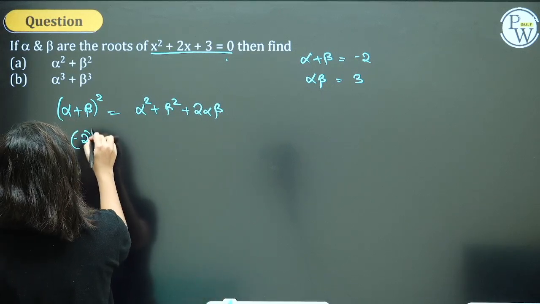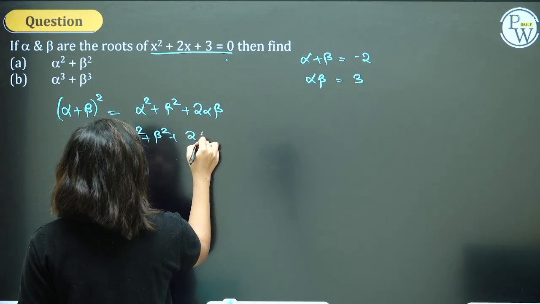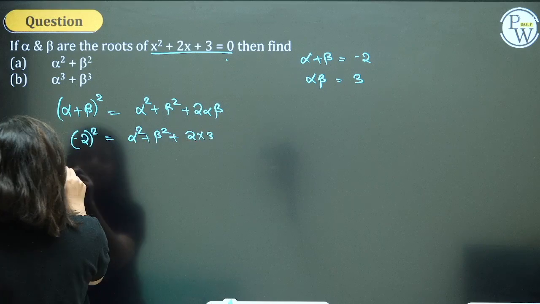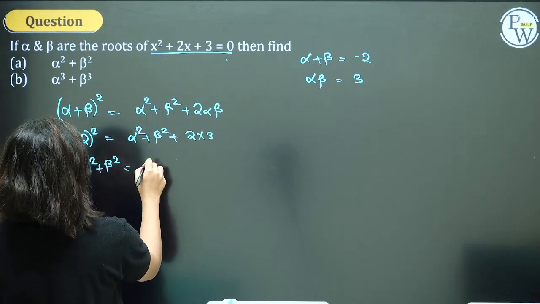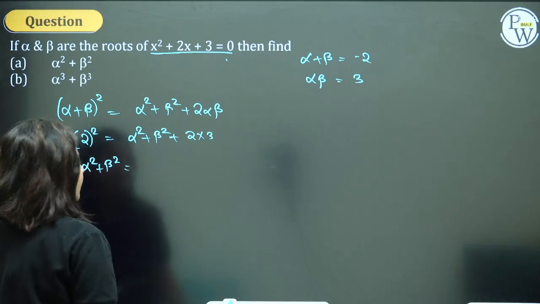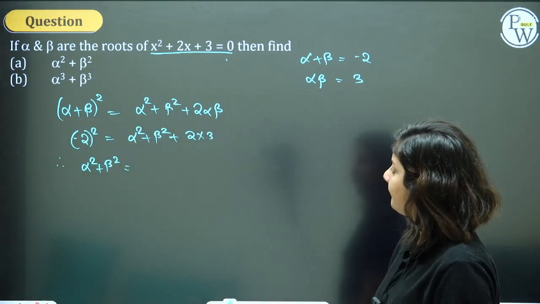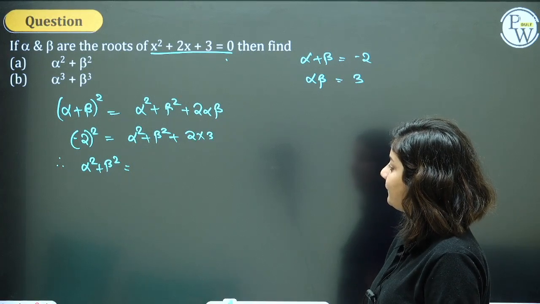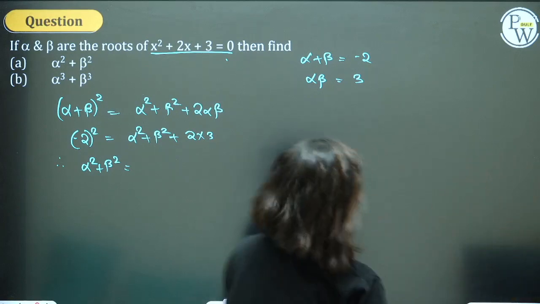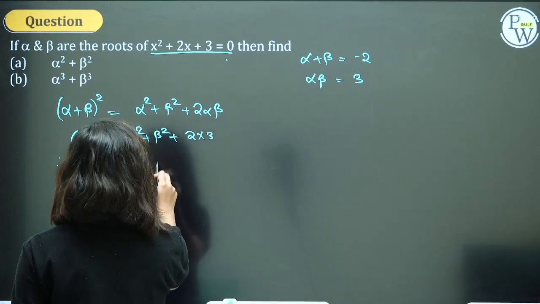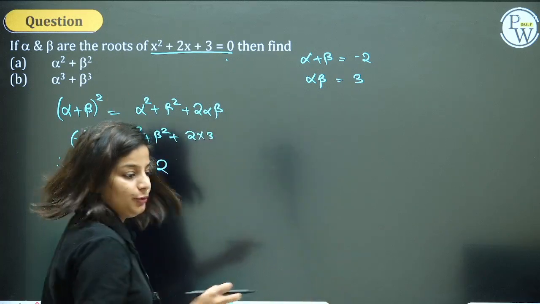Minus 2 the whole square is equal to alpha square plus beta square plus 2 into 3. Rearrange. 2 square is 4, 4 minus 6, minus 2. Correct? And now moving on to alpha cube plus beta cube.